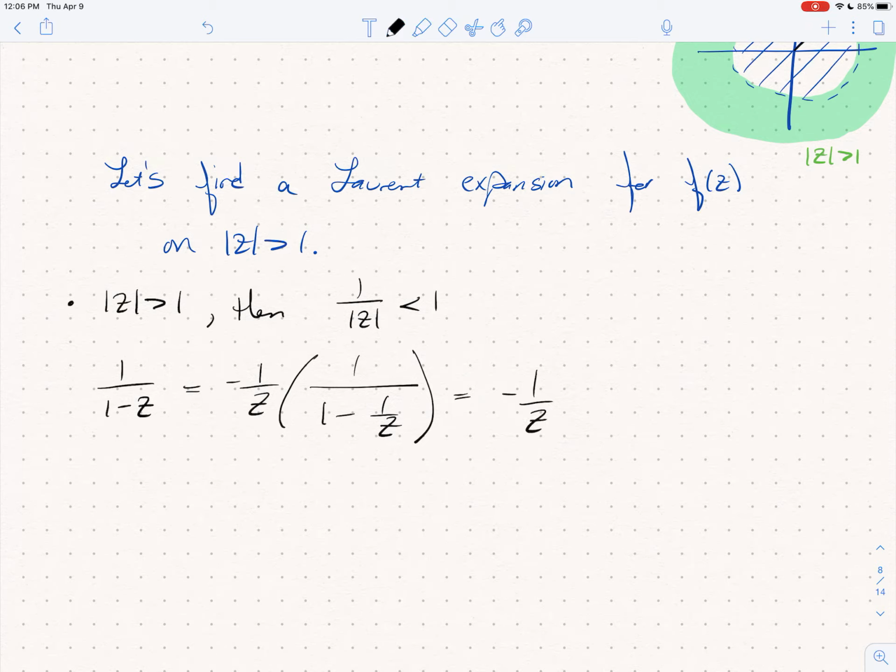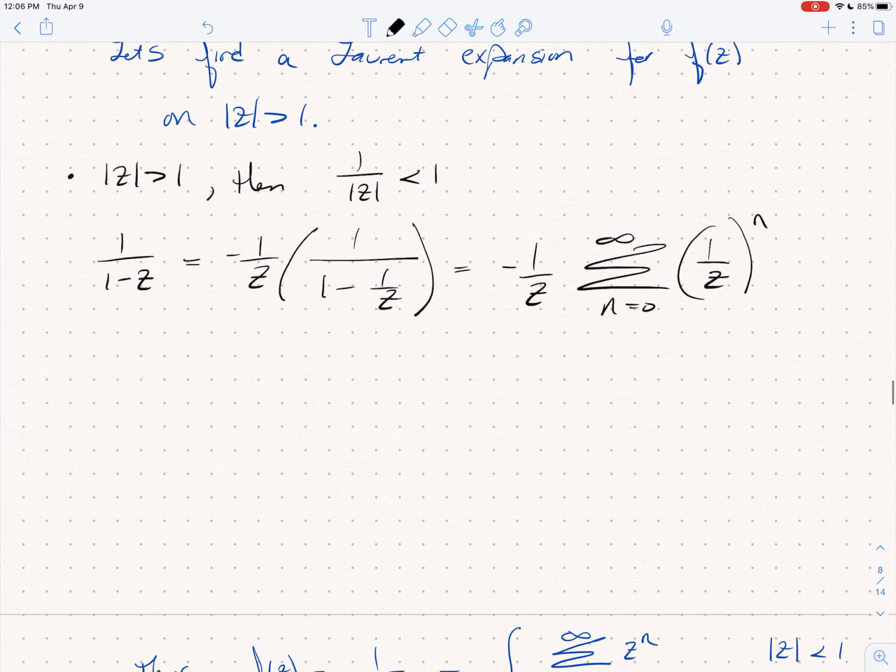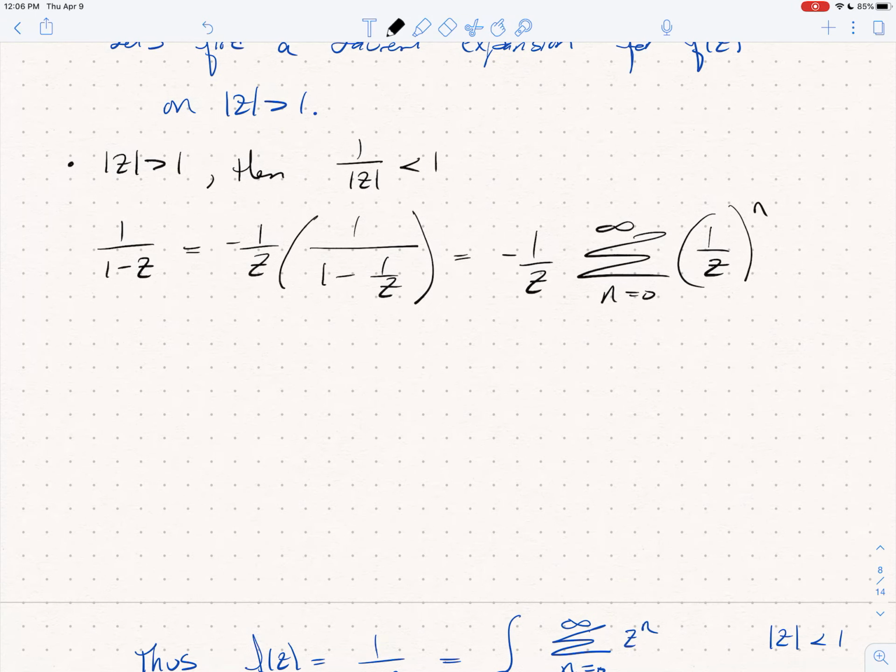negative 1 over z times the series n equals 0 to infinity of 1 over z to the n, right? I'm just using the classic geometric series. And now I can pop this z inside and write this as the sum n equals 0 to infinity of minus 1 over z to the n plus 1.